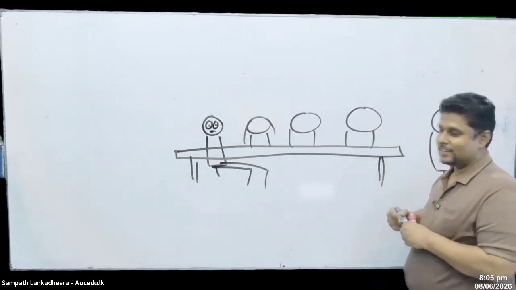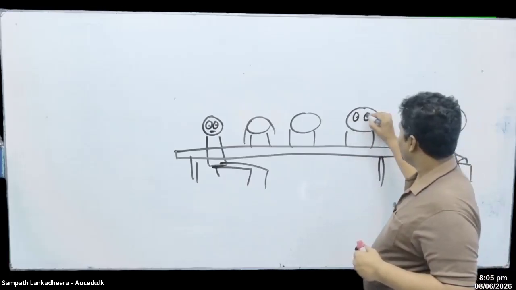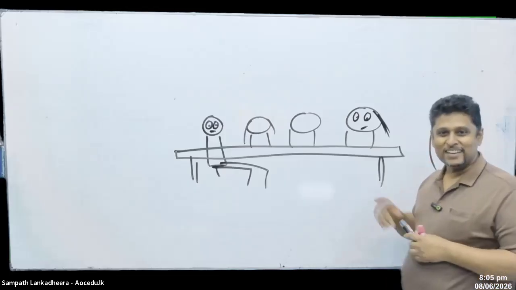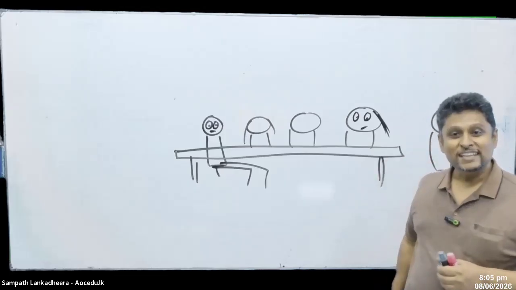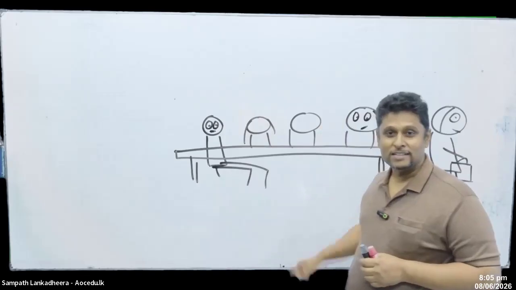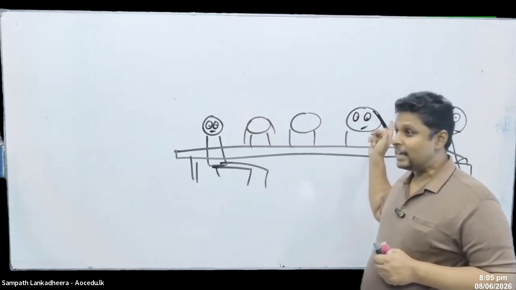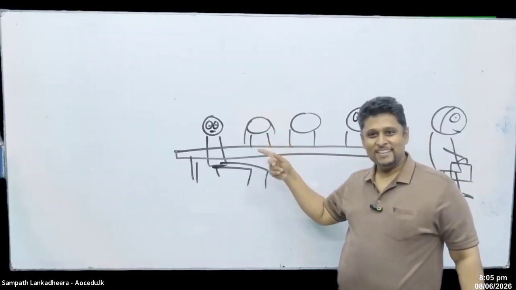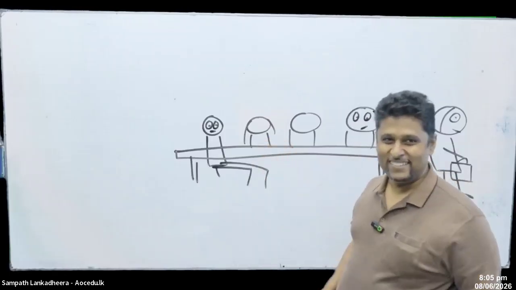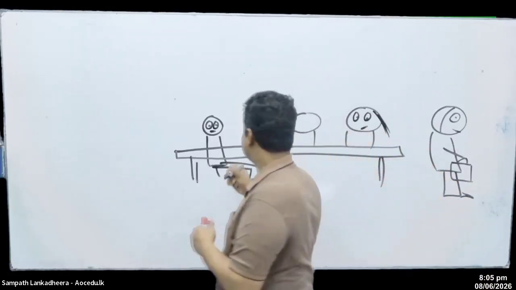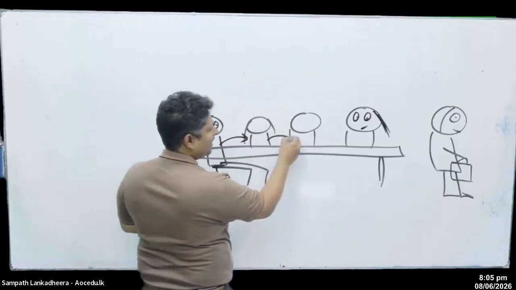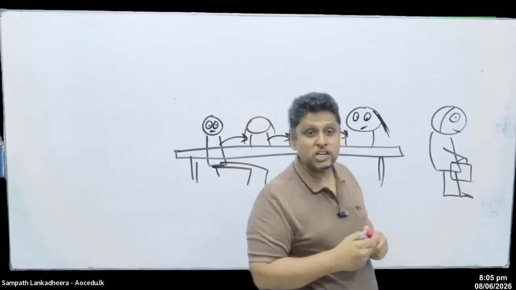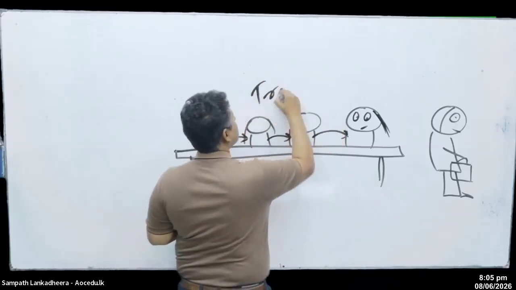Maybe she is more interested in Shah Rukh Khan. How do you send the message? You can't scream and tell the other person that your friend is coming. So you better pinch. You pinch this one, she pinches the next one, and she pinches the next one. That is transduction.